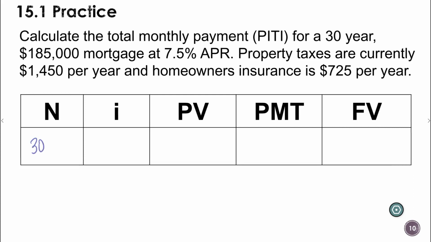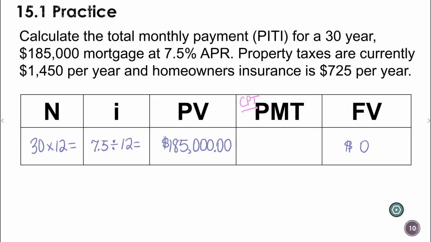So 30 times 12, because it is a 30-year loan, 7.5% on our interest rate, and of course divided by 12. The loan amount is $185,000. Present or future value, sorry. Future value is going to be 0 because we're paying off a loan.